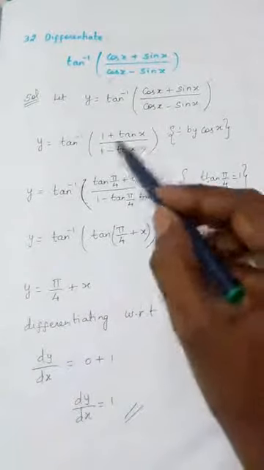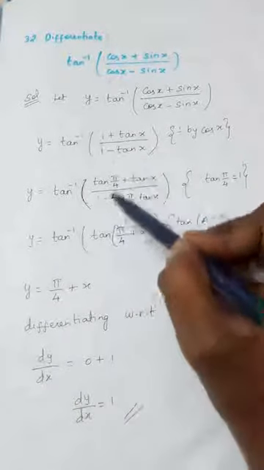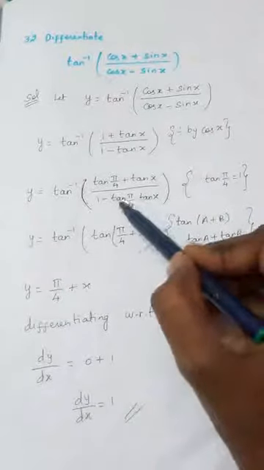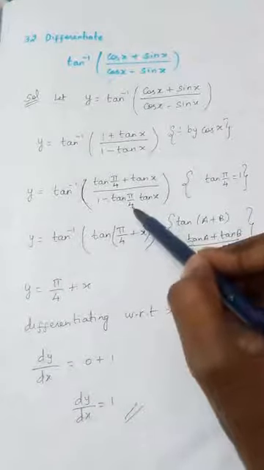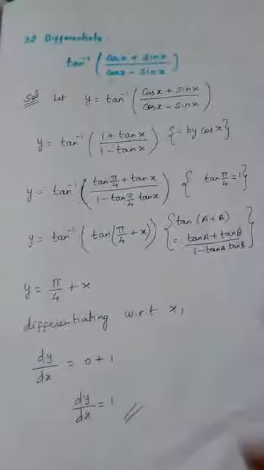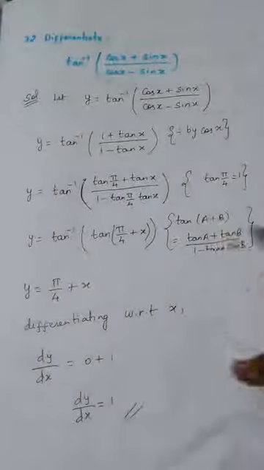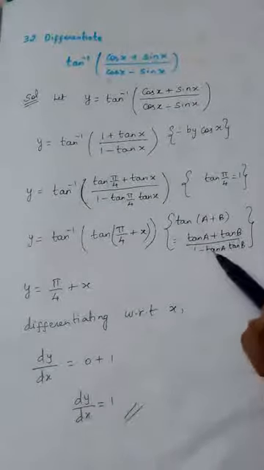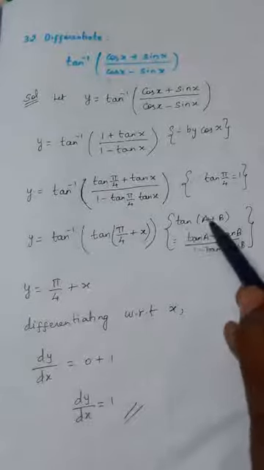Are you able to understand? This 1 is written as it is, minus is written as it is, tan x is written as it is, but in front of tan, I've just written tan pi by 4, nothing wrong because the value is 1. Why have I written like this? Because for getting this formula, now see this formula, tan a plus tan b by 1 minus tan a tan b can be written as tan a plus b.